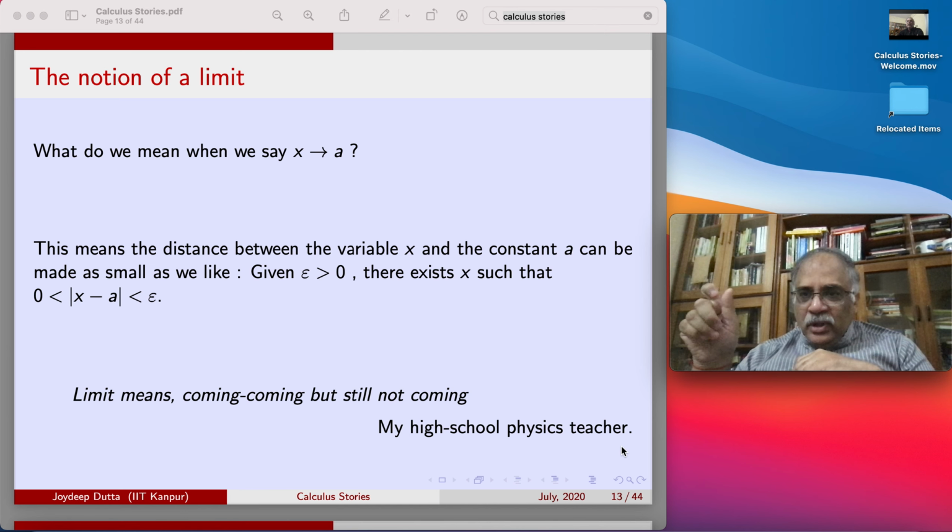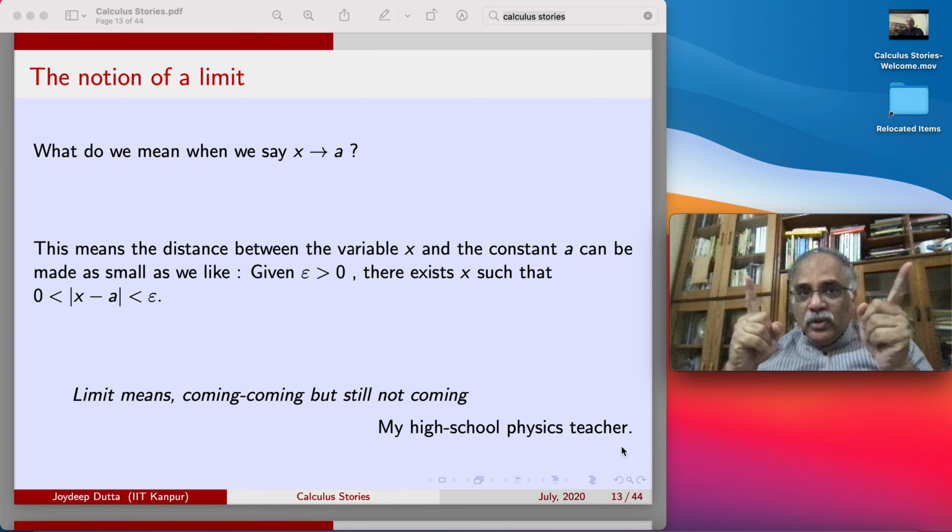I can obviously find an x such that the distance between x and a would be less than the amount you have fixed. So it means that given any epsilon greater than 0, there will always exist an x such that x is not equal to a, and the distance between x and a is strictly less than epsilon.